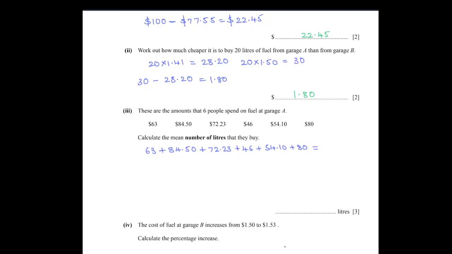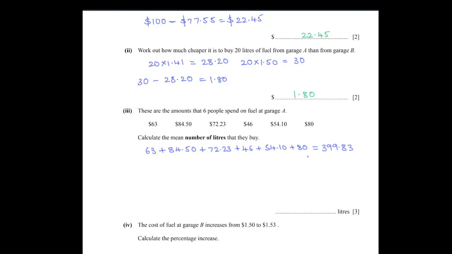So 63 plus 84.5 plus 72.23 plus 46 plus 54.10 plus 80 is $399.83. This is the total amount the 6 people spent.